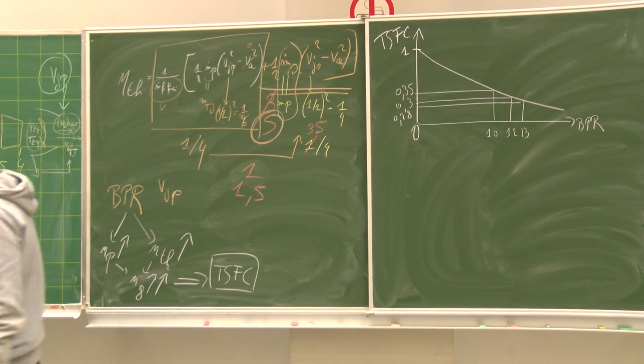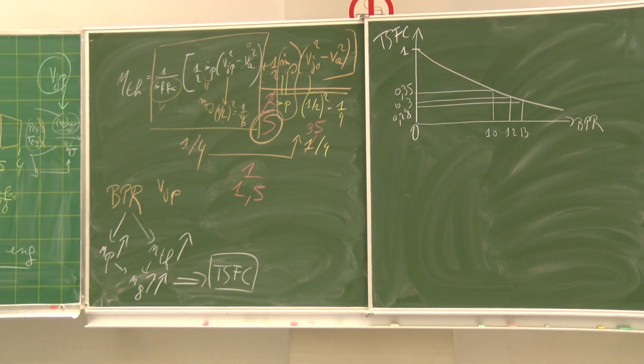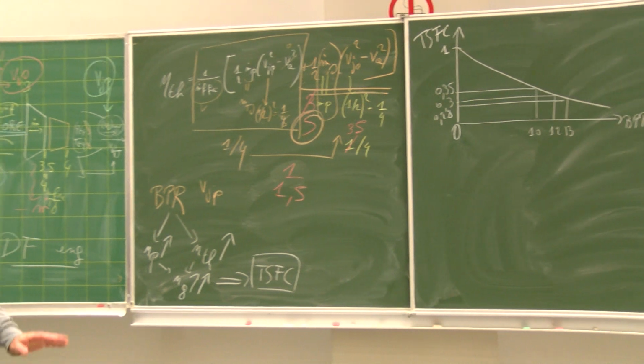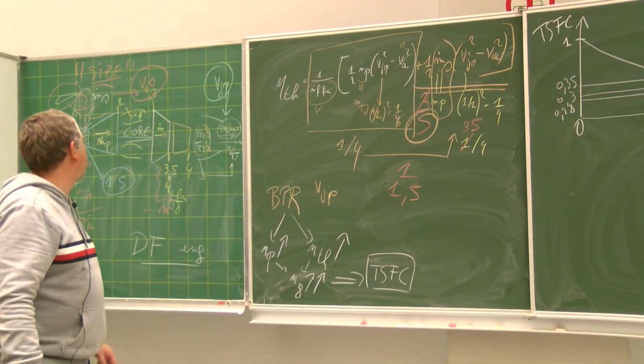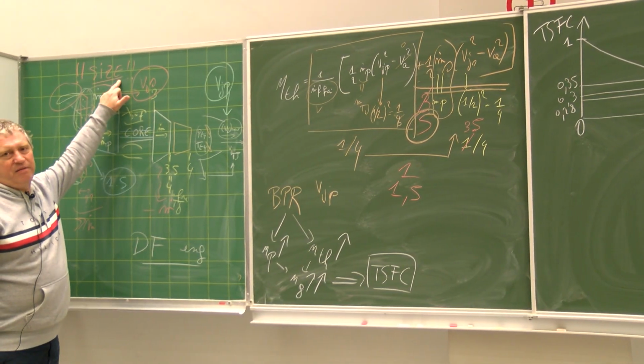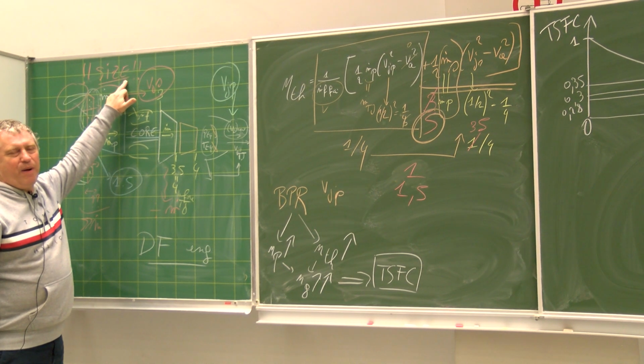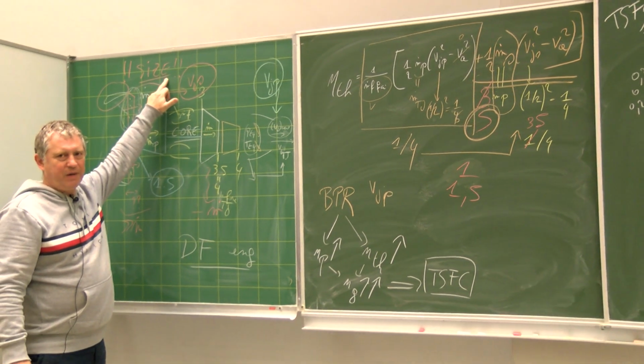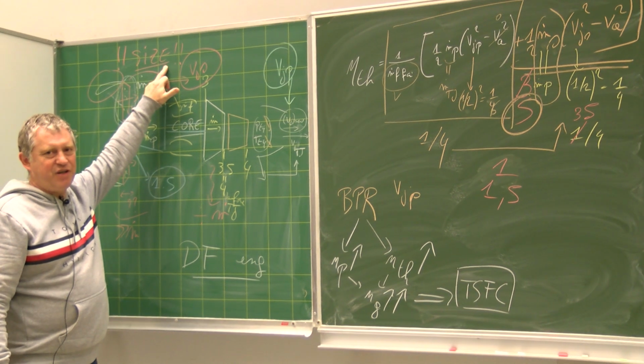But there is a problem. The problem, we will discuss that later on into more details. This is this. When you increase the bypass ratio, you increase the size of the engine.